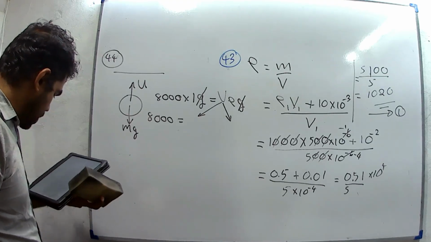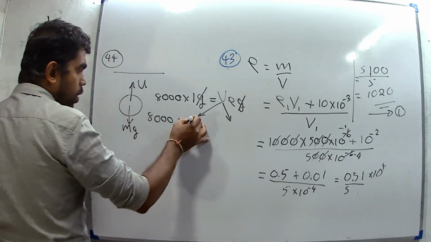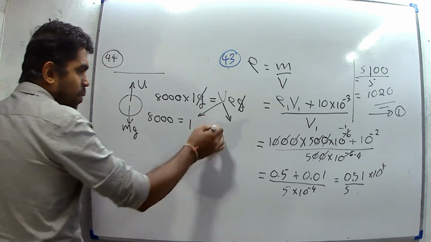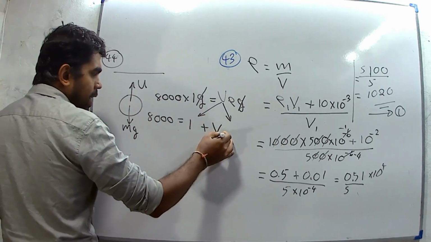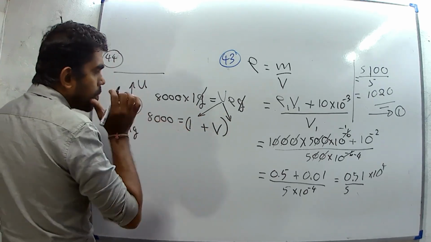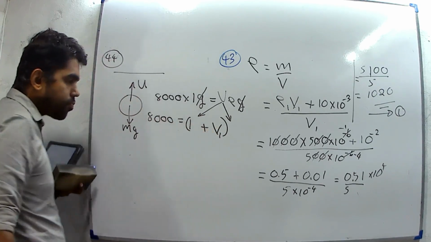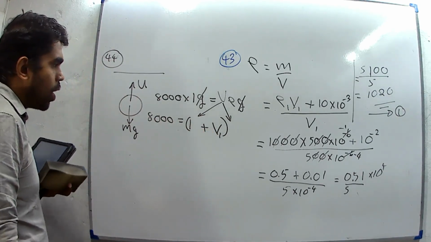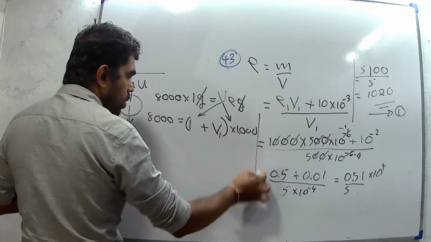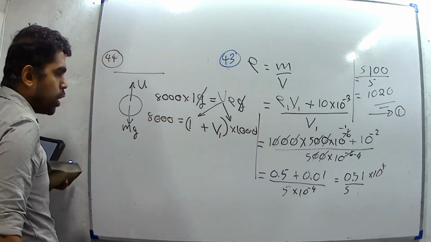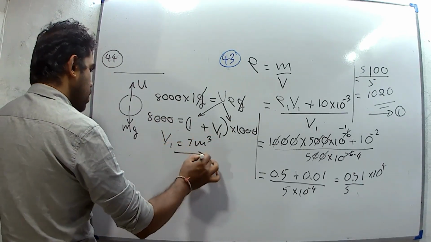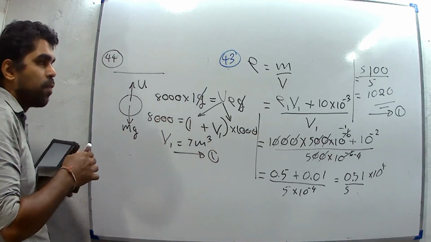The first one is the volume of the block, 1 cubic meter, plus the second one, the helium volume, which we have to find. I will consider it as V1. Rho is the density of water. Density of water is 1000. Now we can cancel out 1000. V1 is 7 cubic meters. The first option is the answer for question number 44.